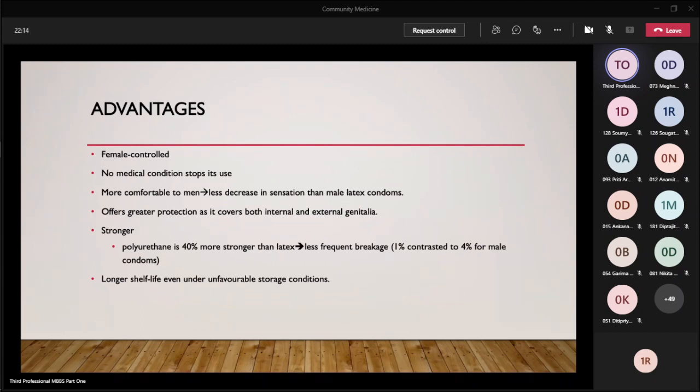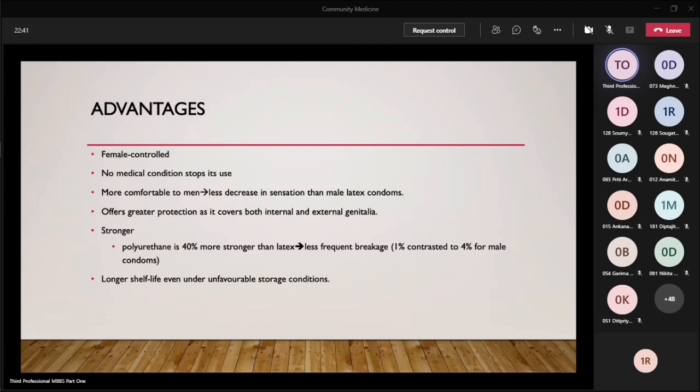It is actually stronger because polyurethane is 40% stronger than latex. And less frequent breakage happens, 1% contrasted to 4% of male condoms. So there is a 1% chance of a female condom breaking, whereas it's 4% with male condoms. And longer shelf life even under unfavorable storage conditions.